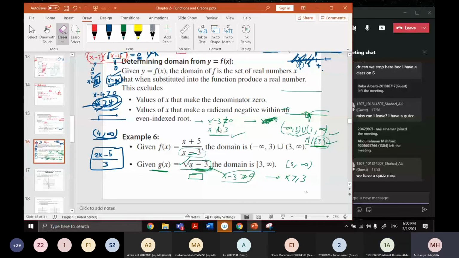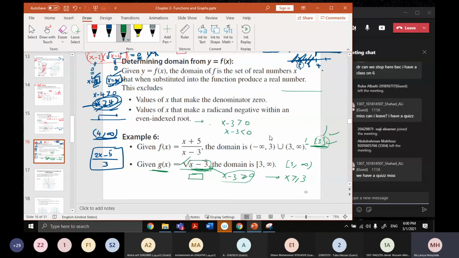So is it clear? Now, we cannot divide by zero. I should have said: x minus 3 greater than 0 or x minus 3 less than 0, both are possible, but not 3. Easily, instead of writing this and this, I can write x minus 3 not equal to 0, which means x should not equal 3.